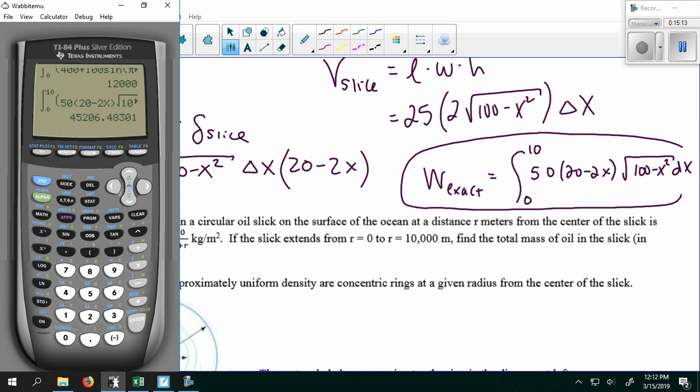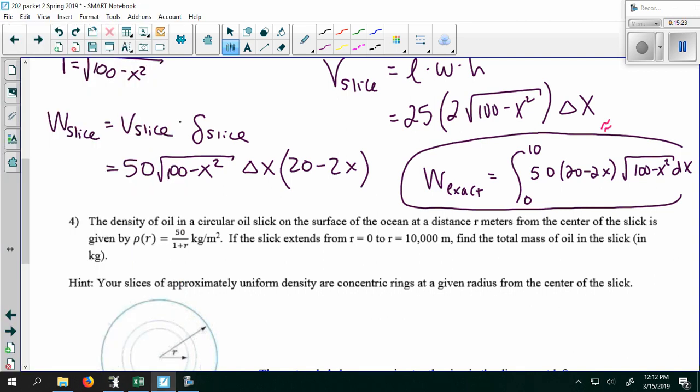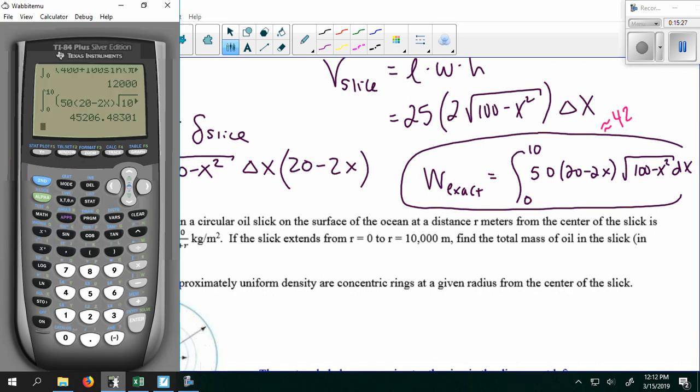So we get approximately 45,206.48 pounds.